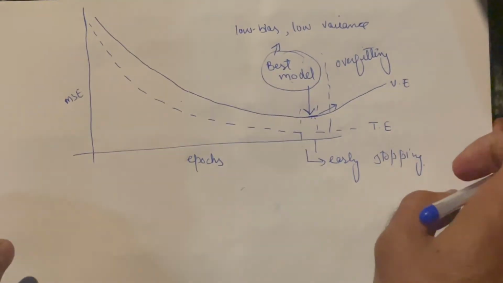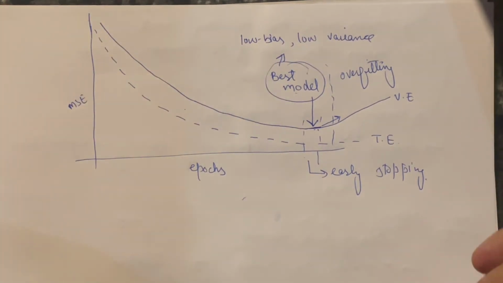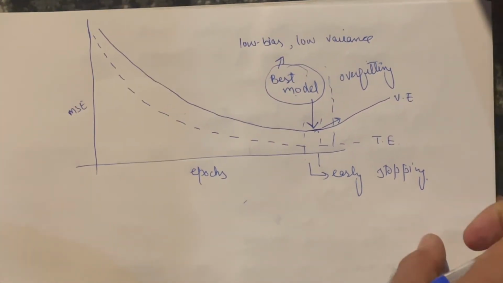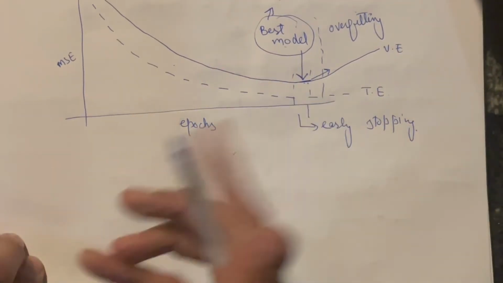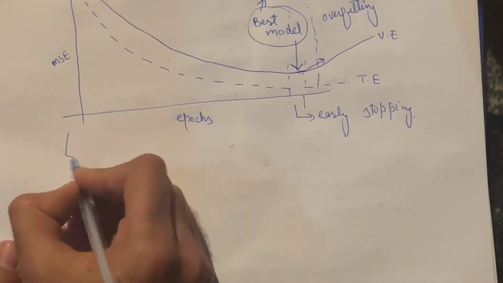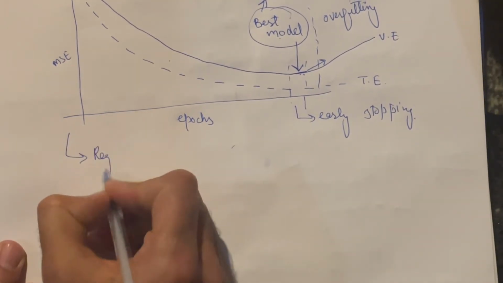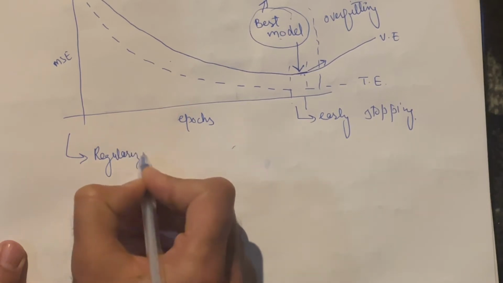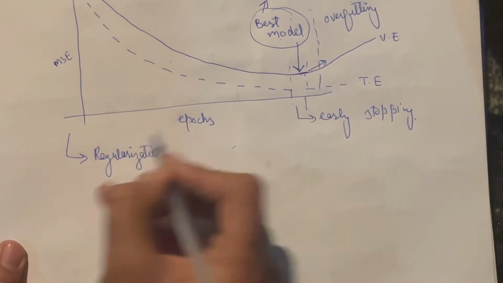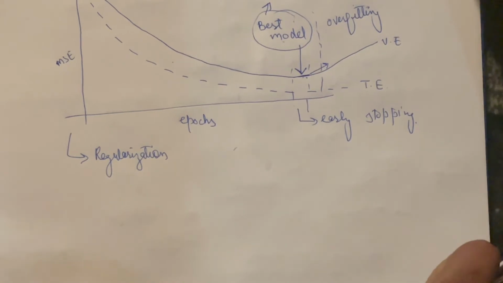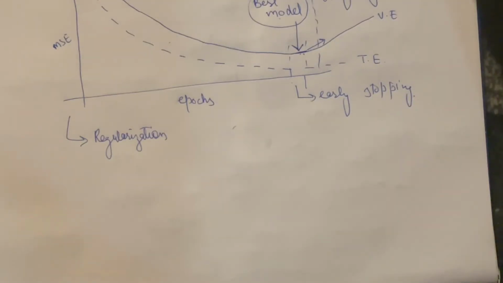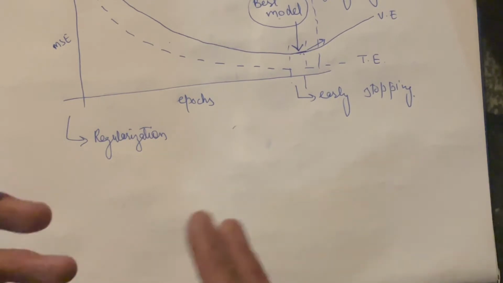So one last topic related to linear regression and gradient descent: this was one mechanism of doing regularization, using an early stopping criterion. But there is another method, or we can say another algorithm, which neither overfits nor underfits.